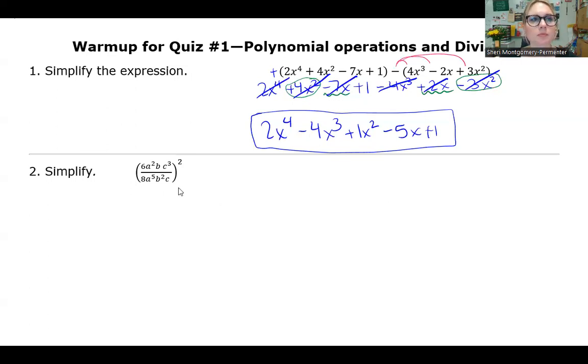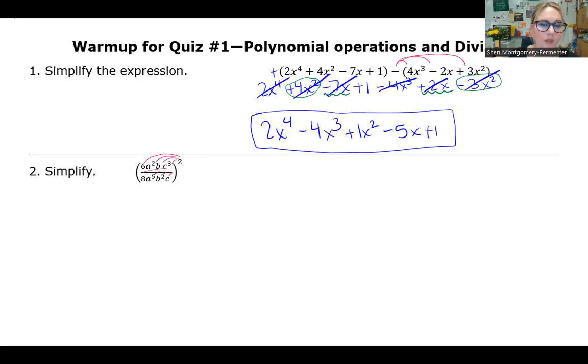The next problem, it says simplify. Some of you have to distribute in the 2, and some of you aren't going to have an exponent. So it just depends. But if you start with the exponent on the outside, you'll have to distribute everything. So you have to distribute the exponent to everything on the top, and then everything on the bottom.